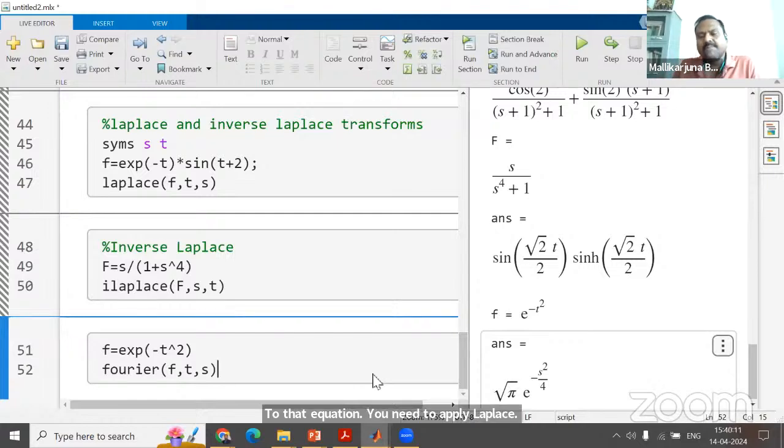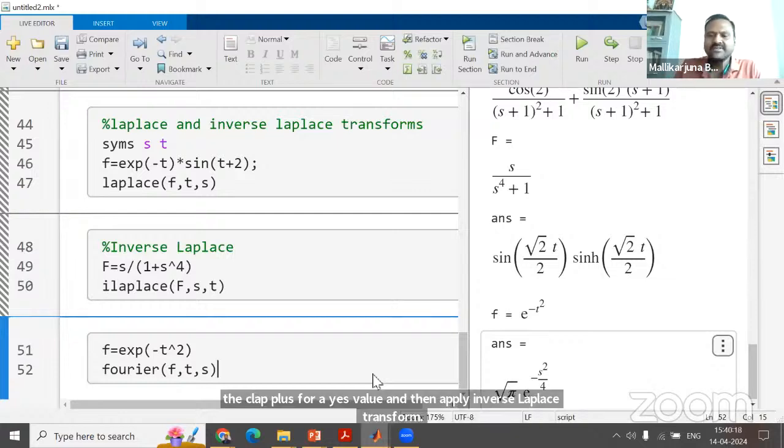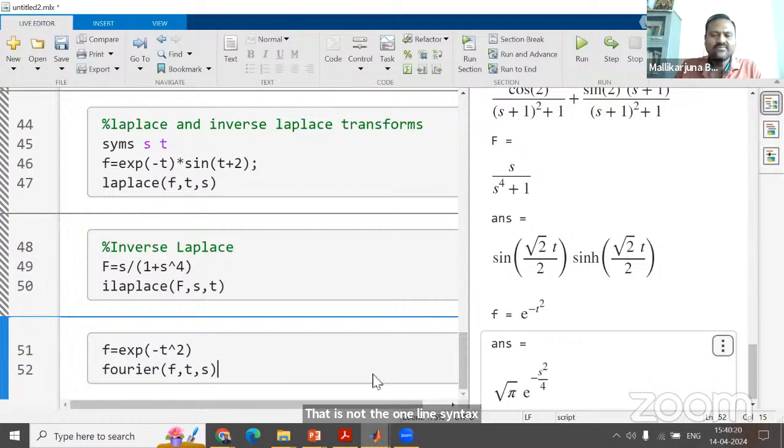You solve that for s and then apply the inverse Laplace transform. That is not a one-line syntax. It takes almost 10 to 15 lines to solve differential equations using the Laplace transform.